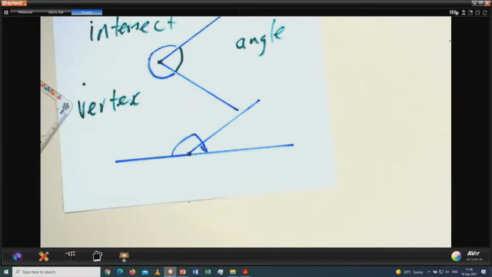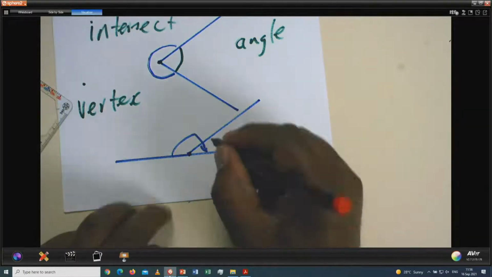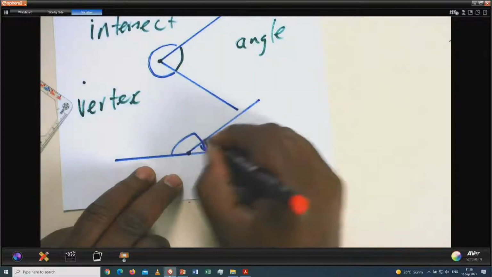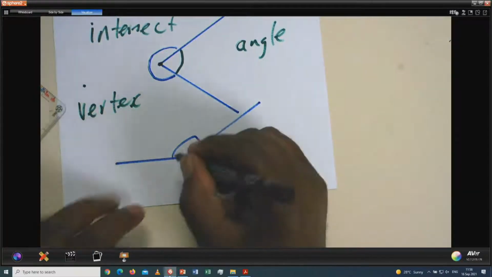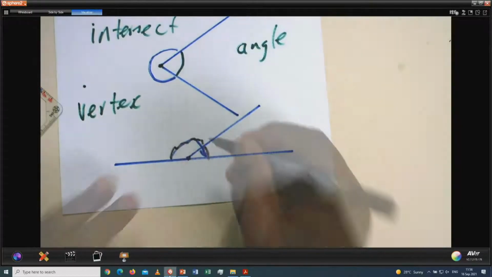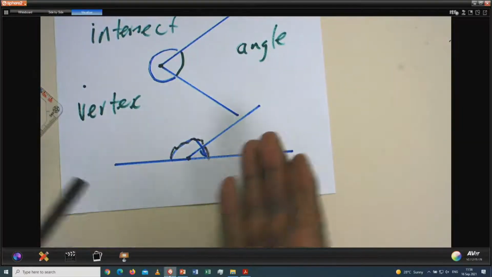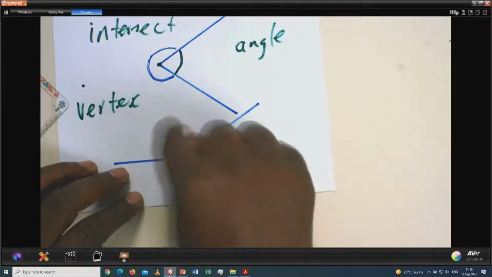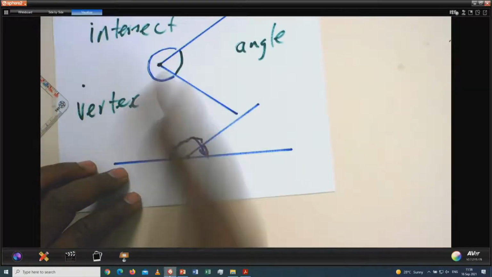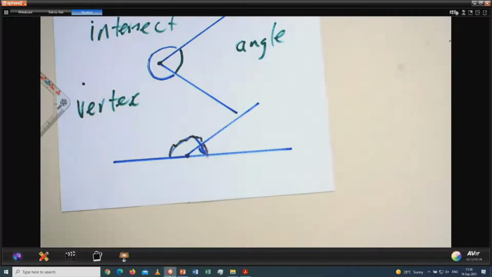On top of these lines, how many angles do you have? You've got this angle. You also have that angle. Now you have to explain this angle is next to this angle. This angle is a neighbor to this angle. But mathematically, what do you say?